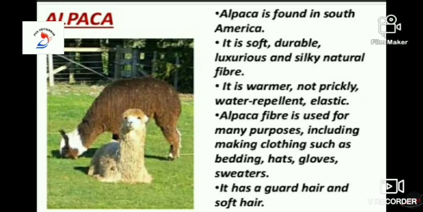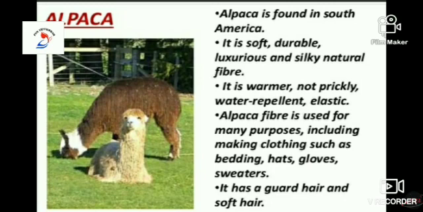Now, let us see about alpaca. Alpaca is found in South America. It is a soft, durable, luxurious and silky natural fiber. It's warmer, not prickly, water repellent and elastic. Alpaca fiber is used for many purposes including making clothing such as bedding, hats, gloves, sweaters.